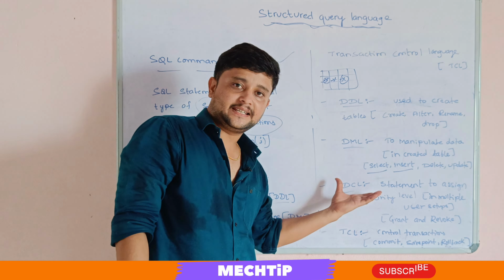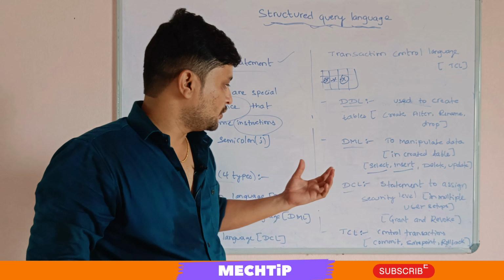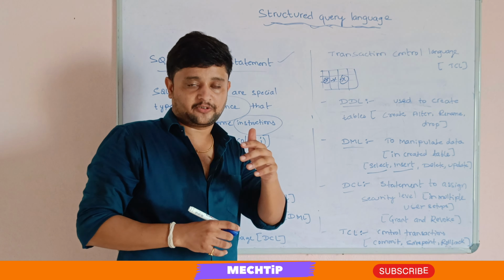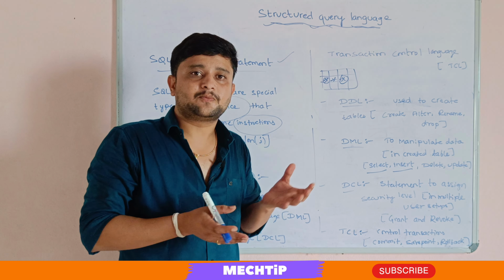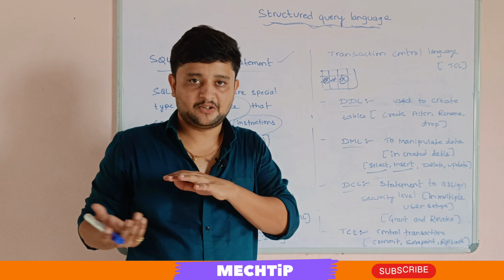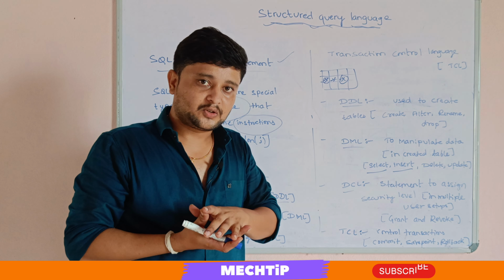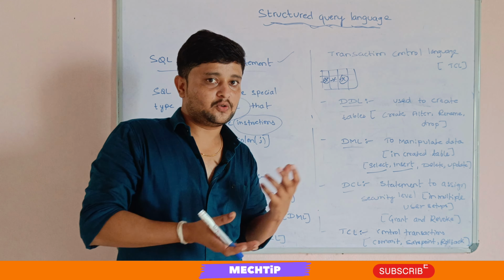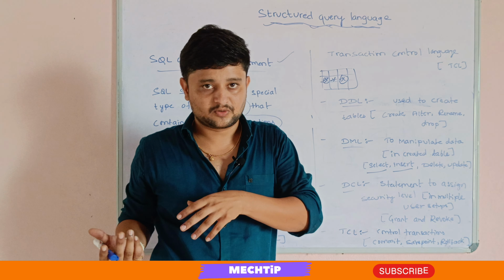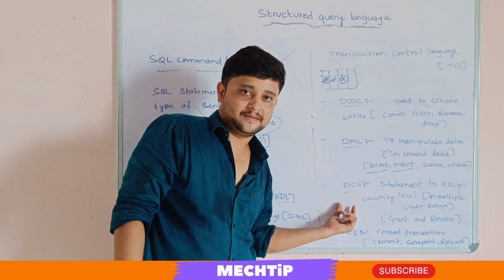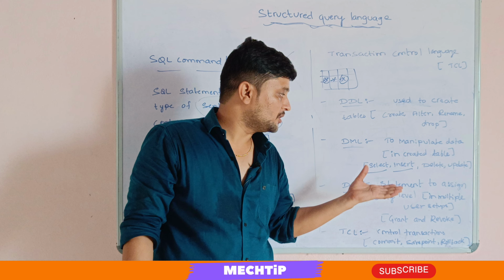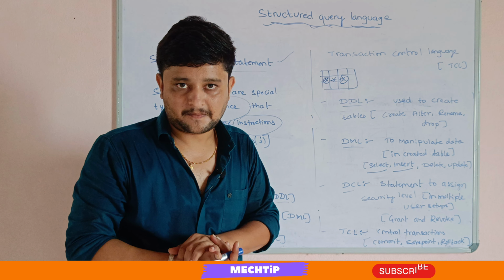Next comes DCL. In this statement, we can assign security levels. With multiple users, data can be transferred to multiple users, right? So what kind of data is transferred to one user and another user? Those security controls are handled by DCL. So DCL controls all the multiple user setups.